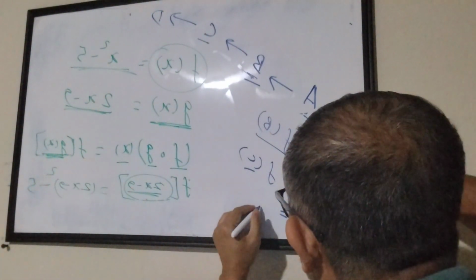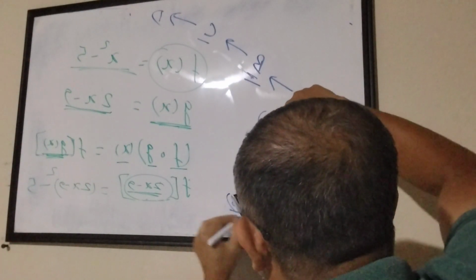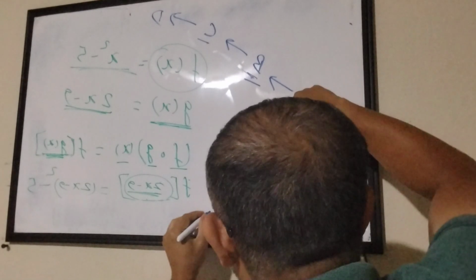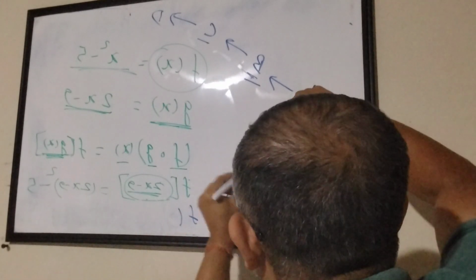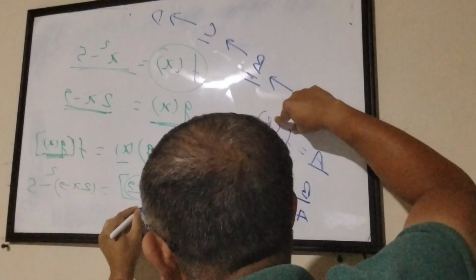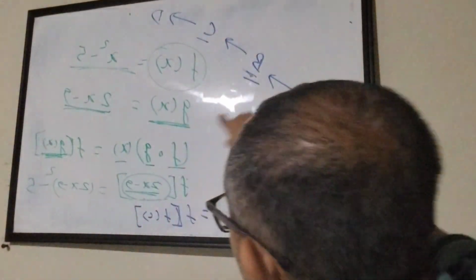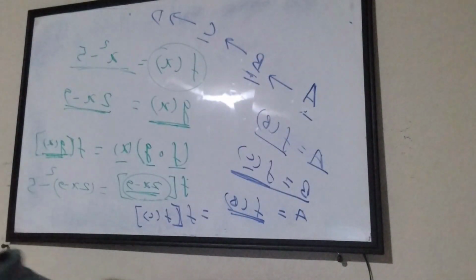A equals f of B, and we know B is dependent on C, so I'll replace B with a function of C. So A equals f of g of C. And if you have a next level of dependency, you can just go on adding function after function after function.